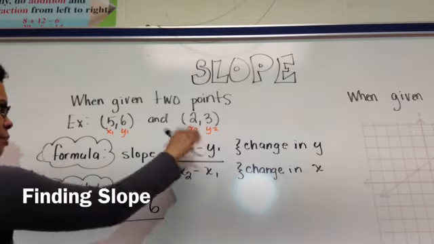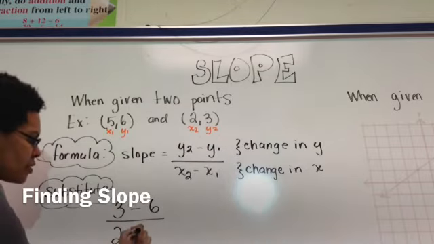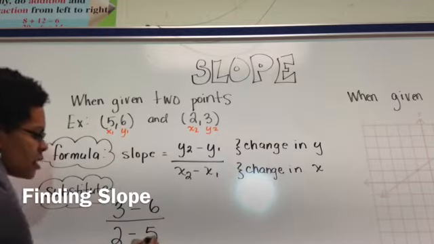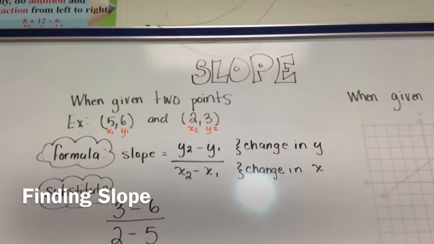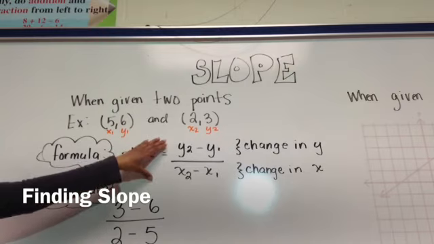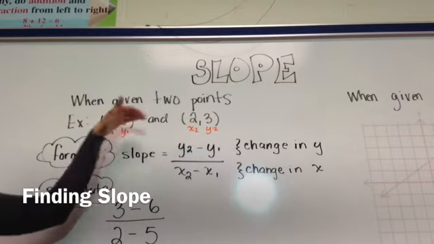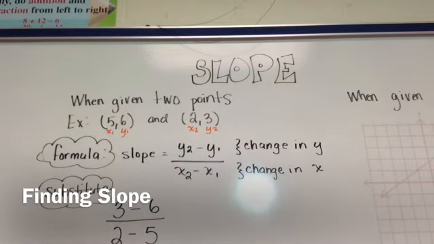We're going to replace x2 with the number 2 and x1 with the number 5. So let me just backtrack for a moment. This formula will never change. Our values will be given, and we're going to substitute those inside our formula. Any questions so far?